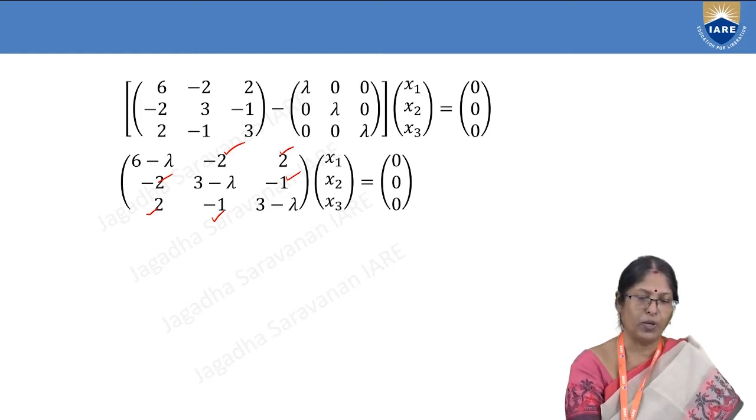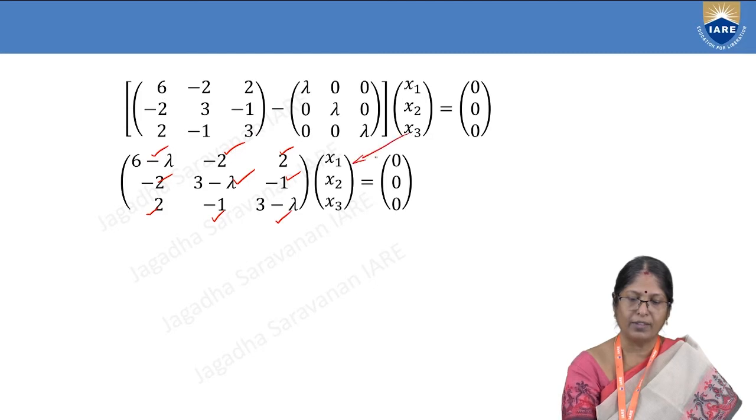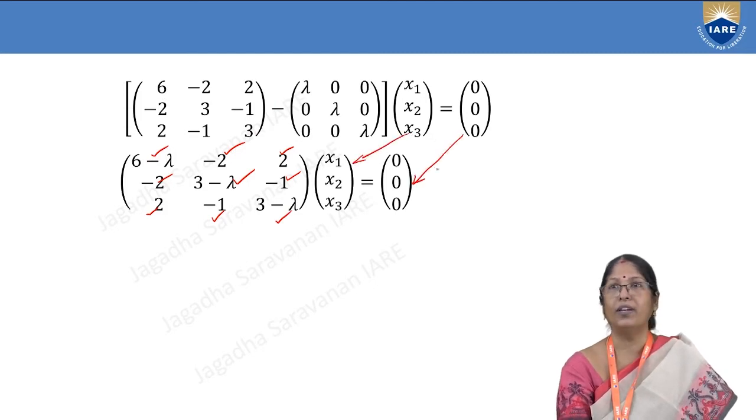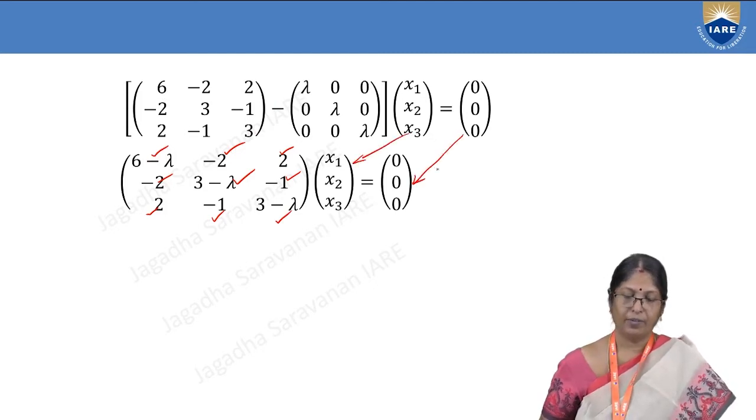The changes come only in the diagonal: 6 minus lambda, 3 minus lambda, 3 minus lambda. This is written as it is, this is also written as it is.